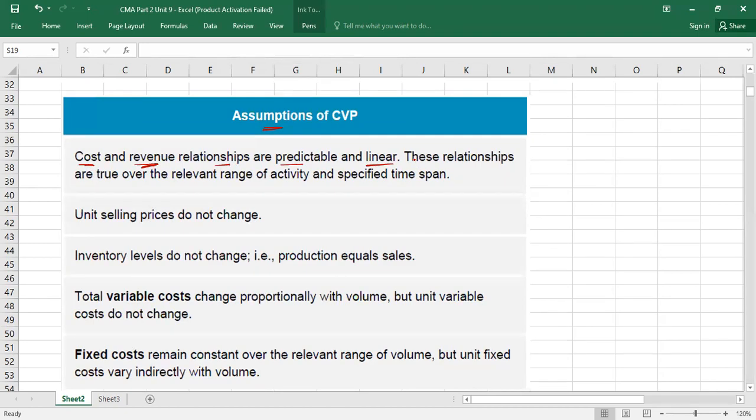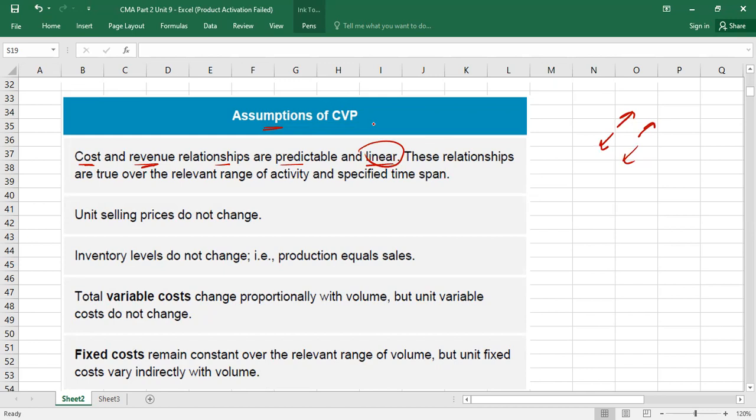Simply, you can predict the sales for the future. You can also predict the cost for the future. For example, if you want to increase your revenue, what will be the increase in cost? If your revenue is going to decline, what will be the reduction in cost? So this is called a linear relationship.